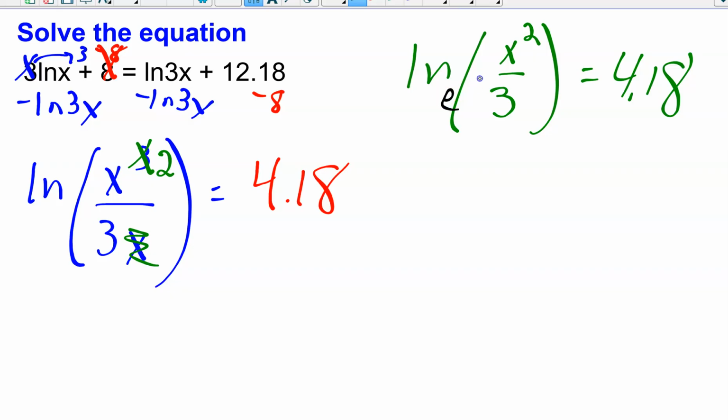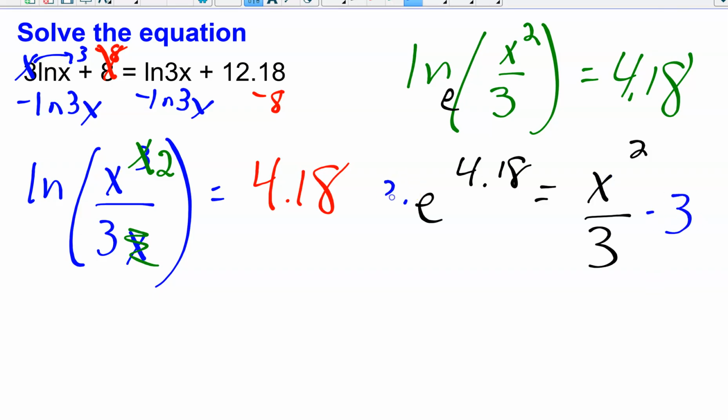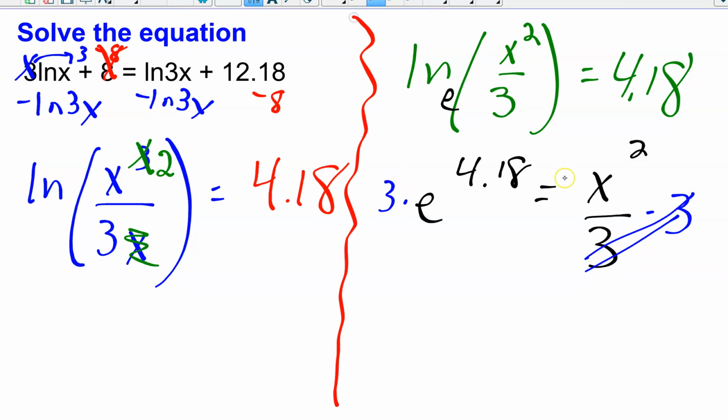I know the base of that is e, so it's going to be e to the 4.18 equals x squared over 3. And then I'm going to multiply by 3. And then I'm going to take the square root.